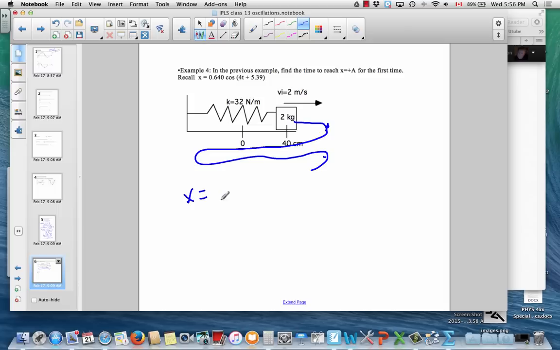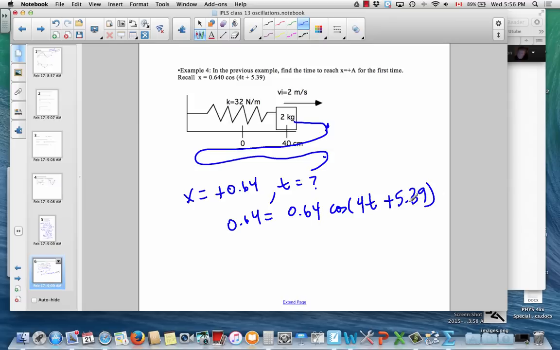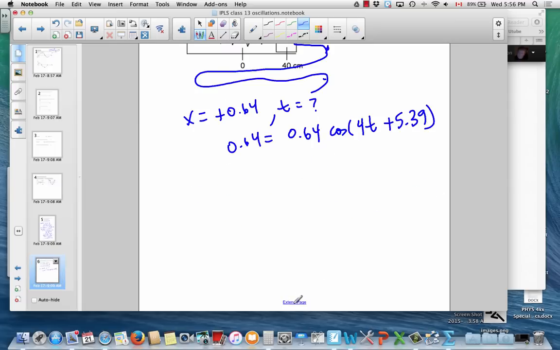Okay, so when x is positive 0.64, what is the time? So we can substitute that in for x, and then there's only going to be one unknown in this equation. Now I had 5.38 on the previous page. Here I have 5.39. That's just a bit of round off error, I guess. So we're going to divide both sides by 0.64. We'll get 1.